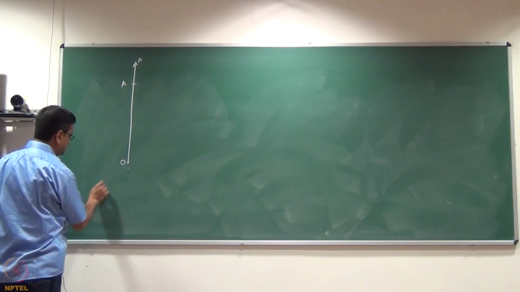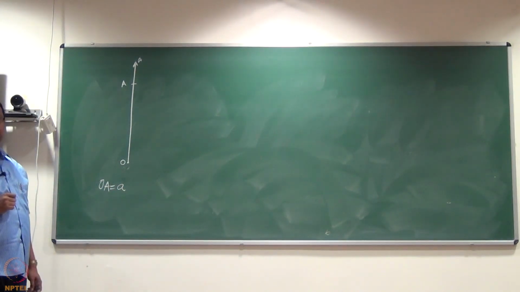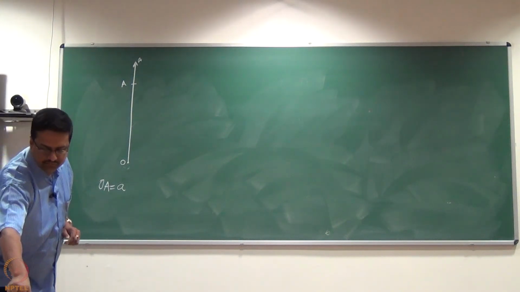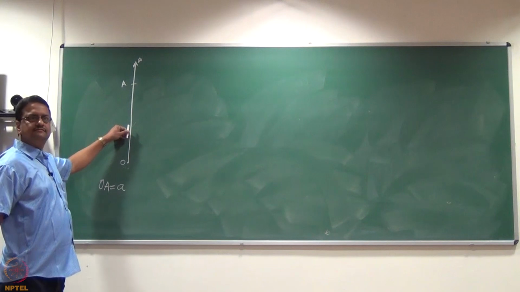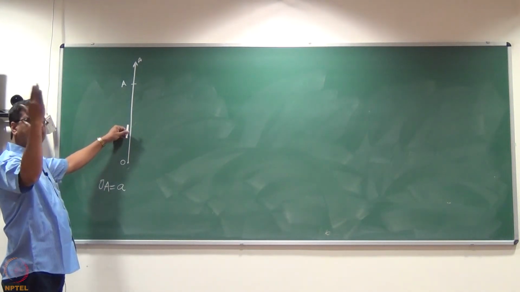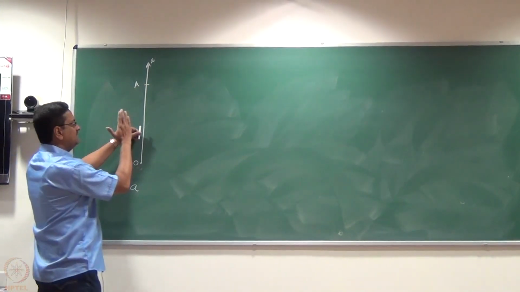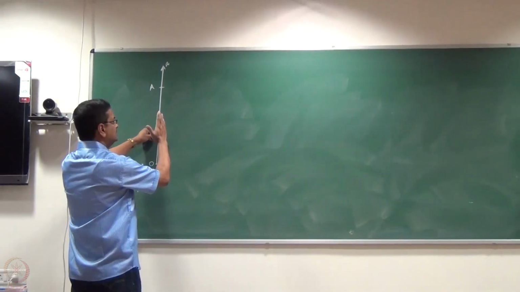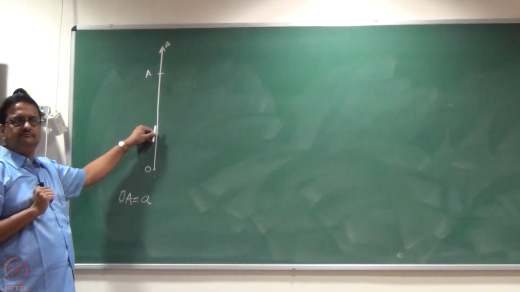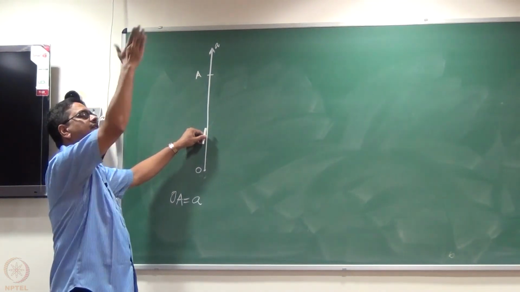So OA is equal to A. So now, if OA is like this, I can have planes parallel to OA like that. All planes parallel to OA can be like this. In any way, parallel planes are going to be like that.